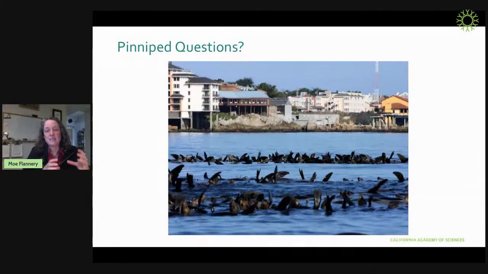Steller sea lions do kind of more of a low growl, which I am not good at. And the only sounds I've ever heard northern elephant seals make are high-pitched, kind of whiny sounds of pups that have been in rehabilitation at the Marine Mammal Center or at the rookery.